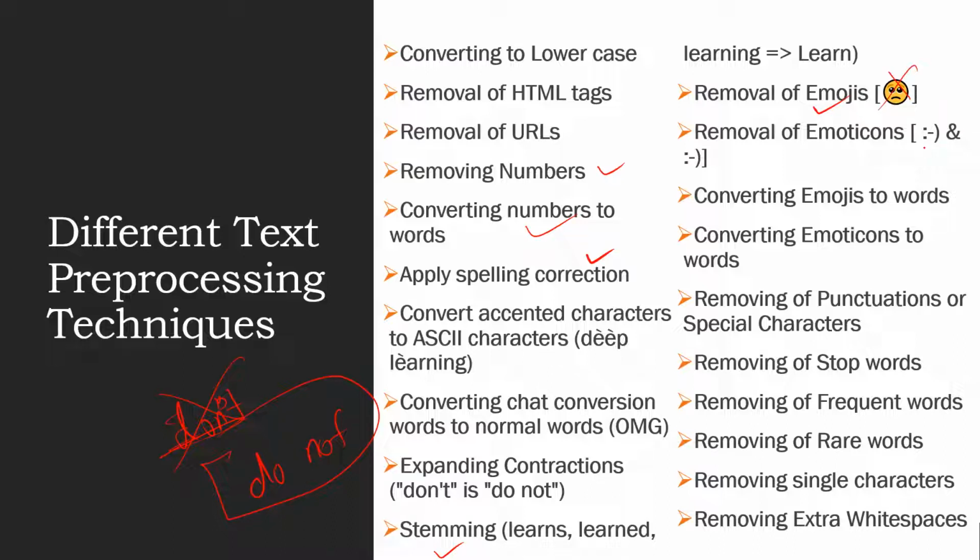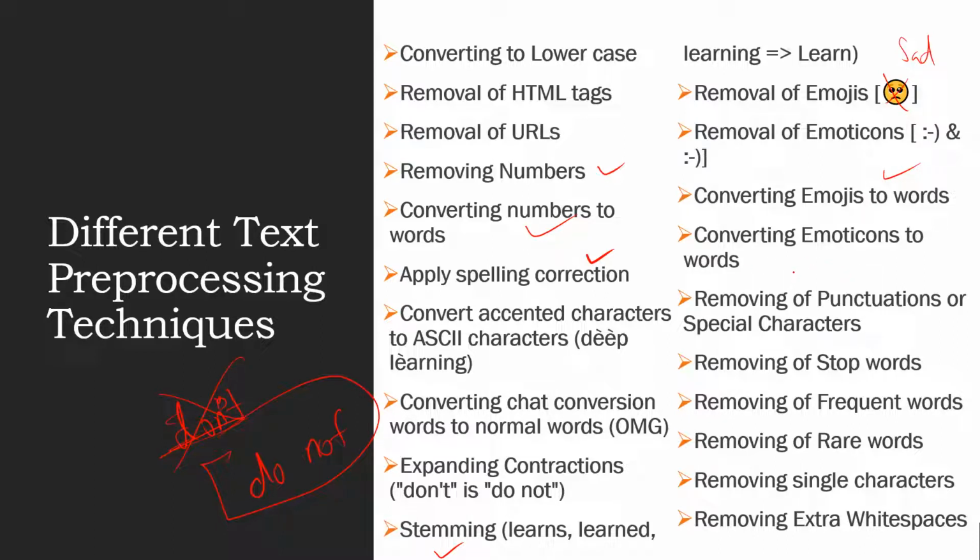Also, you need to remove some special characters, or sometimes we use these to indicate emotions, so you need to remove these also. Sometimes we need to convert emojis into words. If it's sad, rather than keeping the emoji we remove it and put the word sad.